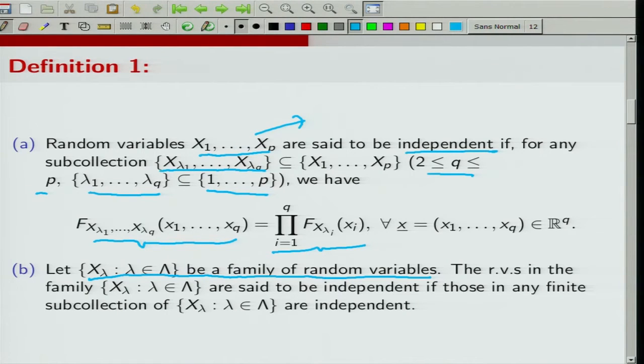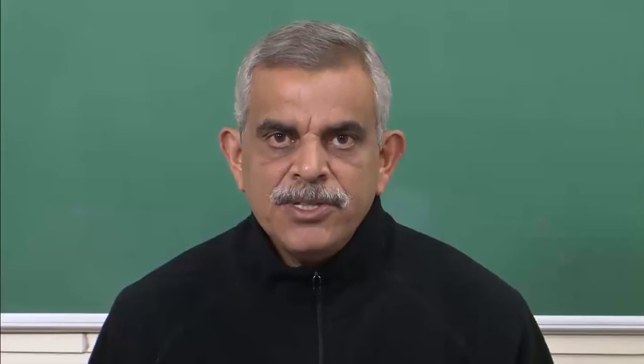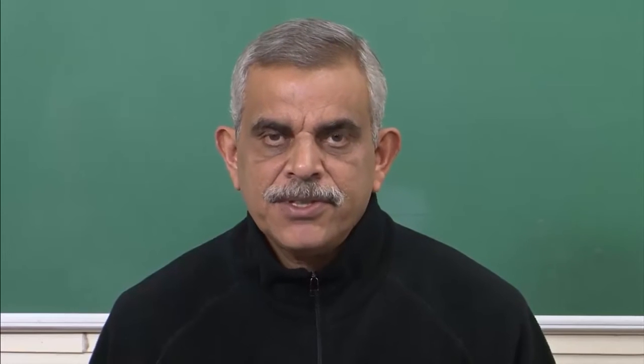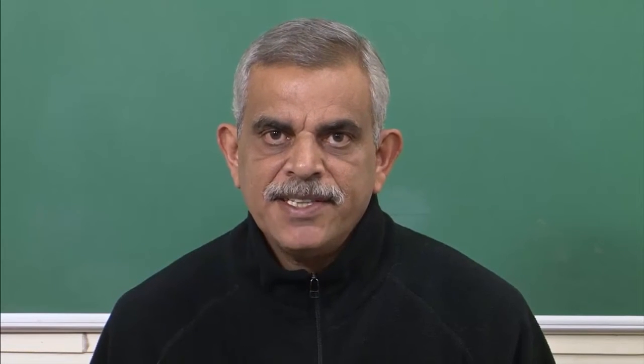I will say that the random variables in this family are independent if I look at any finite sub collection of this family, and the random variables there are independent. If you look at any finite number of them, they are independent.